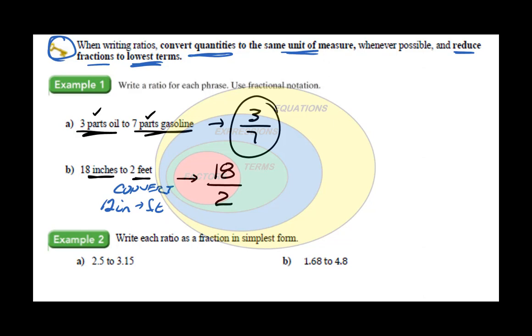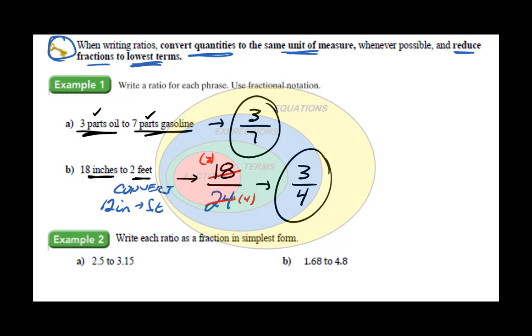So instead I'm going to compare 18 inches to 24 inches. Now the units are the same, and we can simplify this ratio. There's a factor of 6 in both, so I cancel the factor of 6, leaving a 3, and cancel the factor of 6, leaving a 4. So this ratio would be 3 to 4, or 3/4.